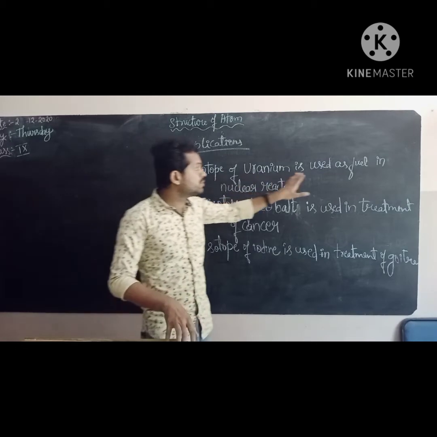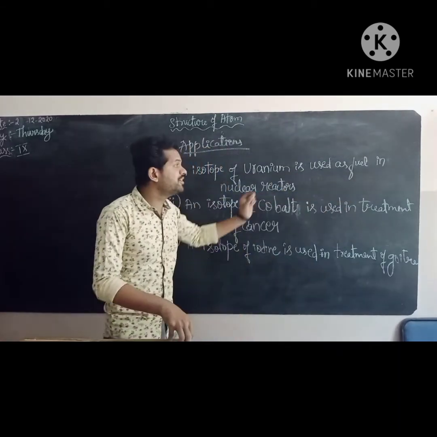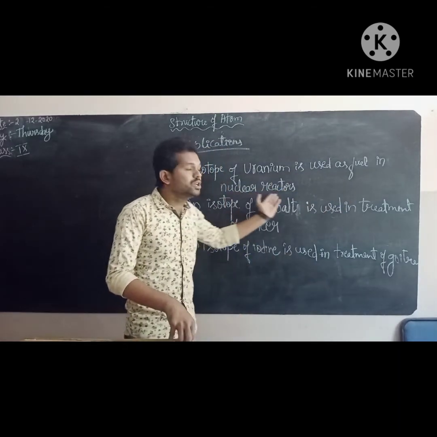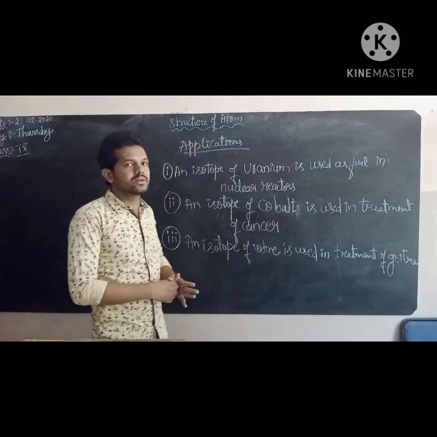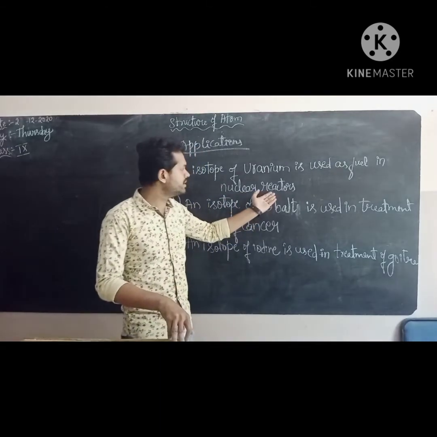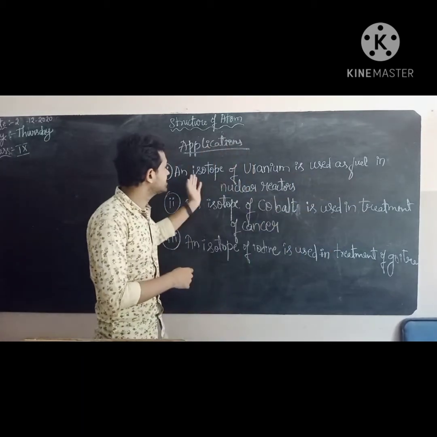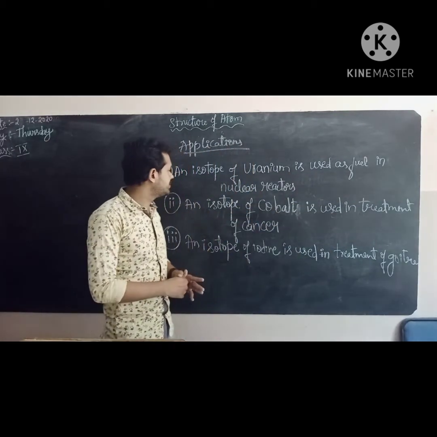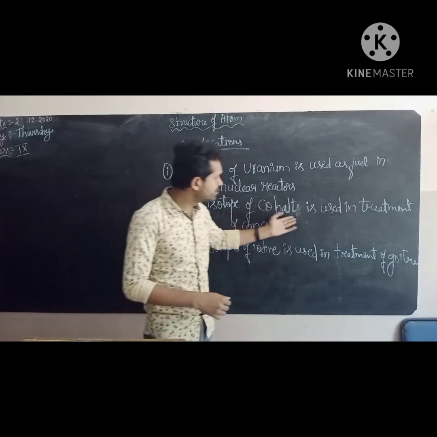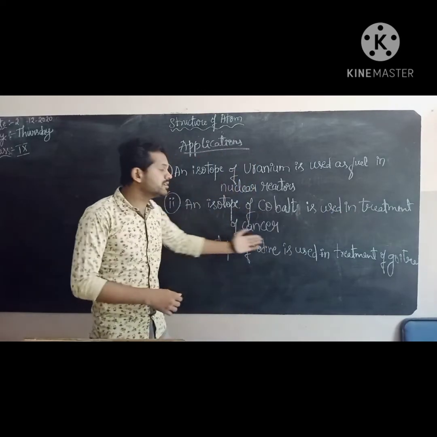So this isotope of uranium is used as a fuel in the nuclear reactors. Nuclear reactors need a fuel, and that fuel can be prepared by using the isotope of uranium.